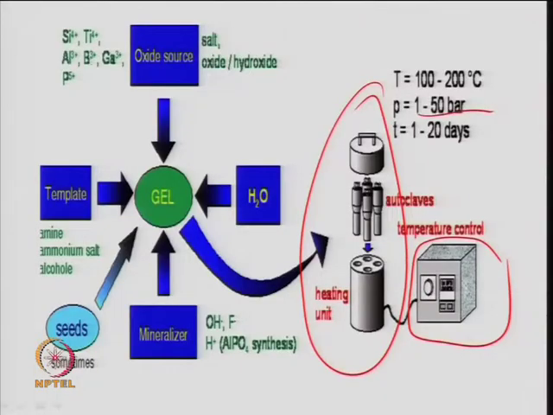So, all these kinds of sources: silicon, titanium can be used, aluminum, boron, gallium, phosphorus. Depending upon what type of zeolite is desired, you can take these raw materials or precursors of these, right. So, silica source, aluminum source, if you need some titanium in that, titanium, boron, gallium can be used in the framework.